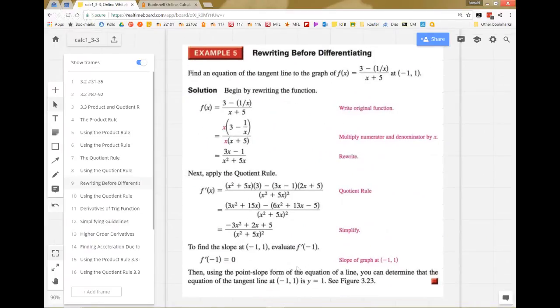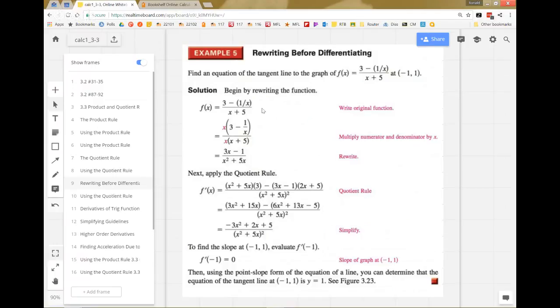So here you can see, well, we got a problem here up in the top. 3 minus 1 over x plus 5, and you're supposed to find the equation of the tangent line at negative 1, 1. So the problem is this 3 minus 1 over x is not, I need to bring that together. Otherwise, I have half a fraction on the top, and that's over another fraction.